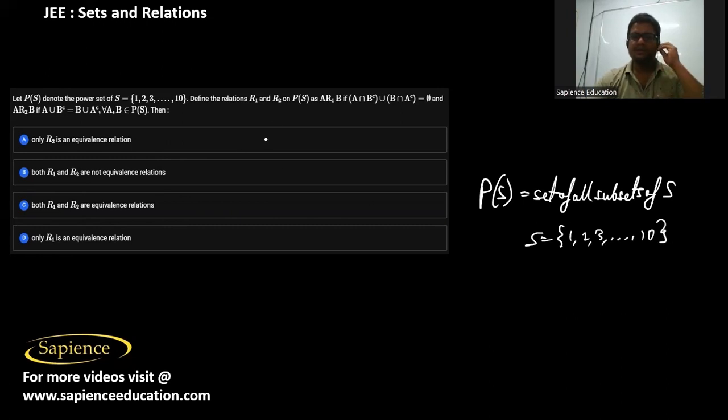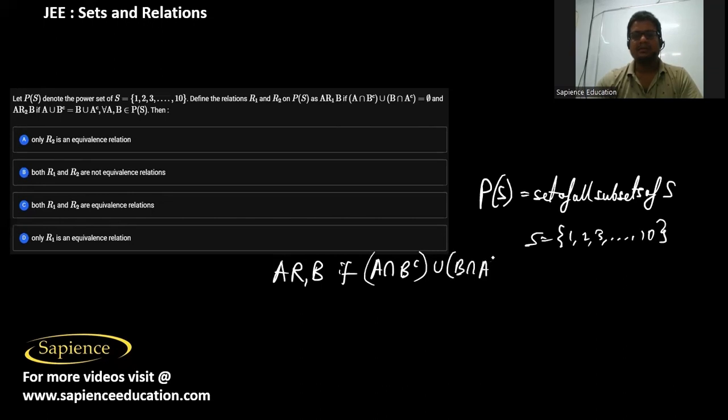And then define the relations R1 and R2 on P of S such that the set A is related to B if A intersection B complement union B intersection A complement is equal to phi.